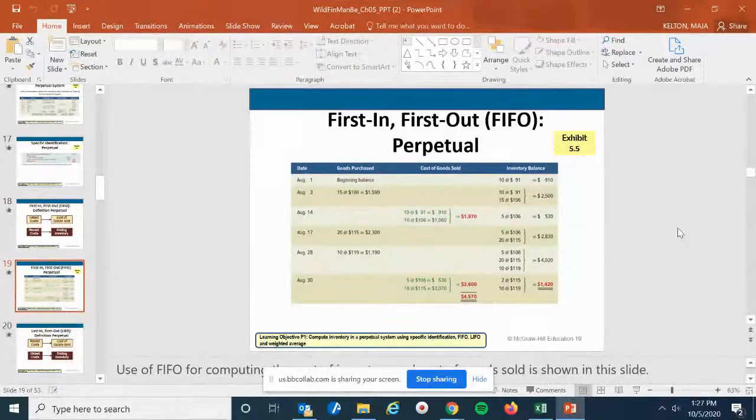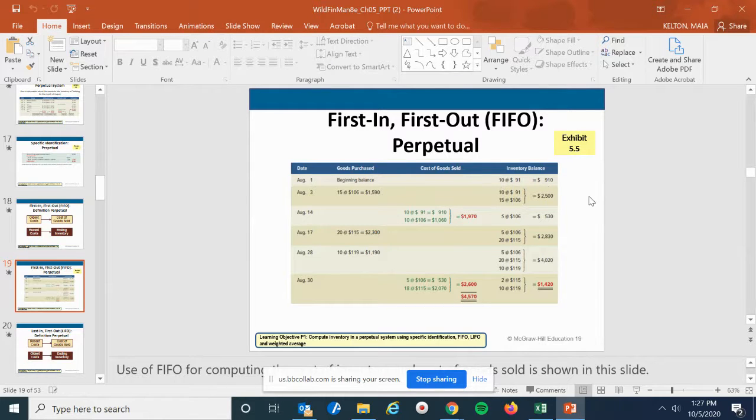So let's look at an example. Under the perpetual system, we will be accounting for every purchase, every sale as it happens. So in this case right here, the very first line item is the beginning balance. This chart tells me that as of August 1st, the beginning balance was made up of 10 units.